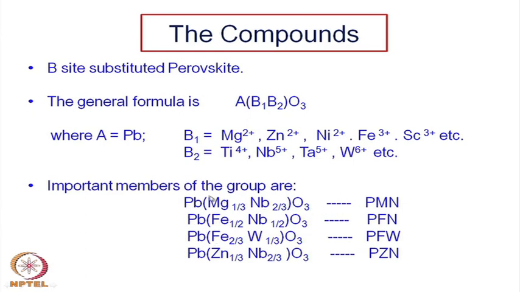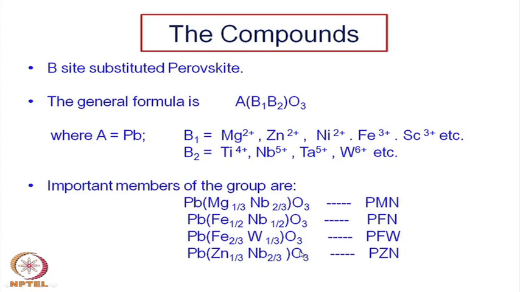This we have already discussed, the PMN, one of the most important members of this group, lead magnesium niobate, then lead iron niobate is also there, PFN, where magnesium has been replaced by iron. You can have PFW, where iron plus niobium has been replaced by tungsten.